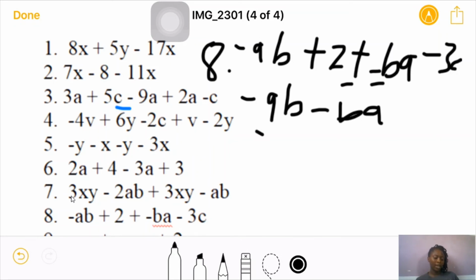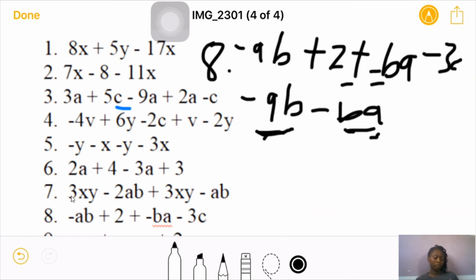So minus AB is the same as BA because we can find the same thing because of, I think, commutative properties in algebraic expression. In mathematics, we'll come to that. So we have the commutative, we have the associative property, and we have the distributive property. So one of the properties holds here, and so because of that, AB is the same as BA.